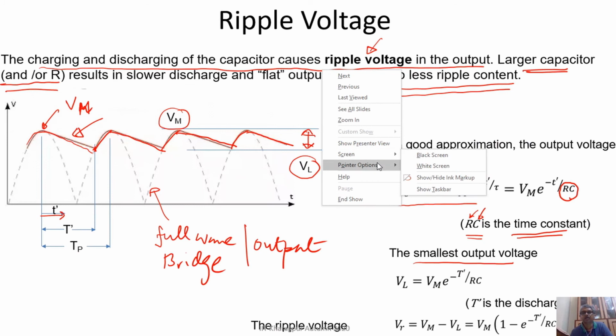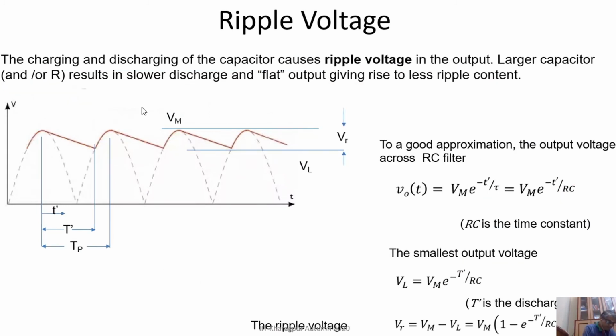So V naught is basically Vm exponential minus T dash by RC. Now we can write VL, that is the smallest output voltage. So this VL level we can write VL equal to Vm e to the power minus T dash by RC.